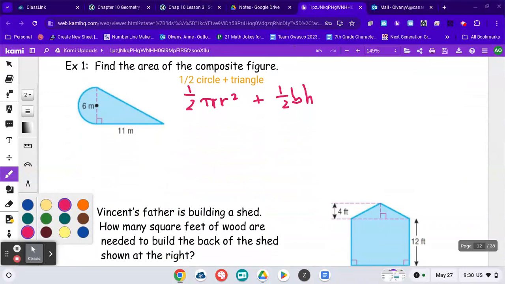All right, so 1/2 pi, the radius of this circle, be careful here because that 6 is referring to the whole dotted line. So the radius is 3. So this is 3 squared. I'm going to calculate that before I move on to the triangle. I like to get through with one thing before I go on to another.